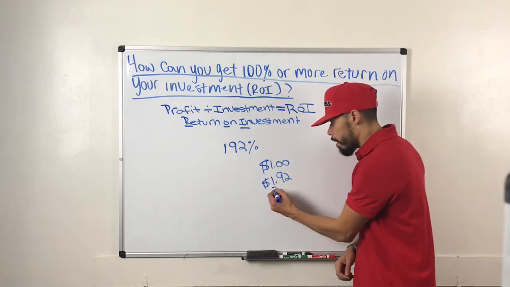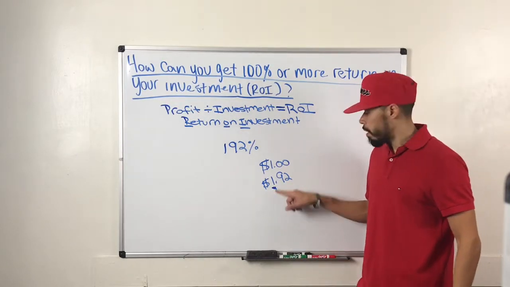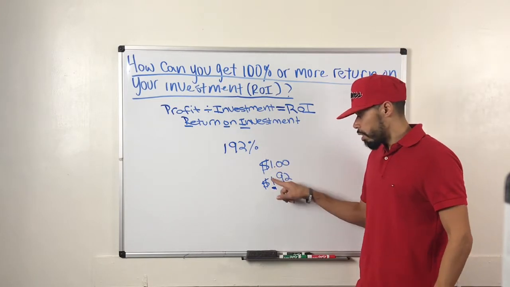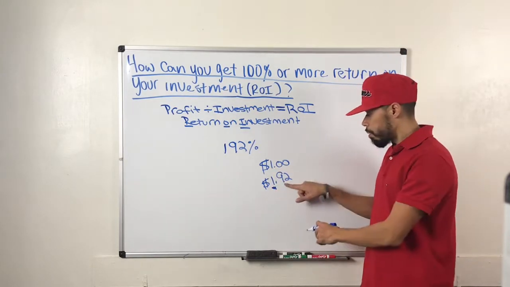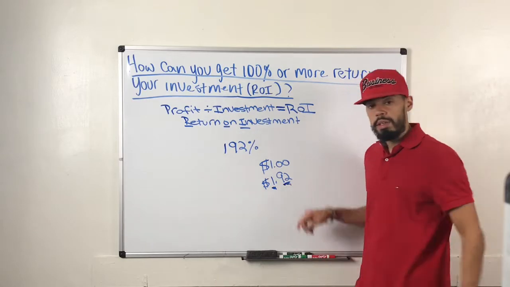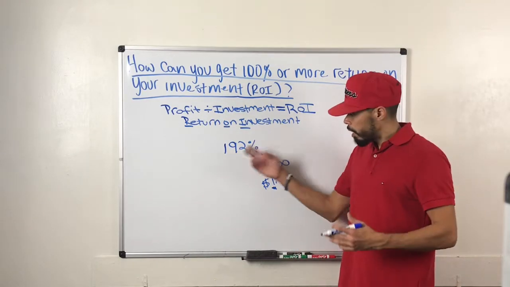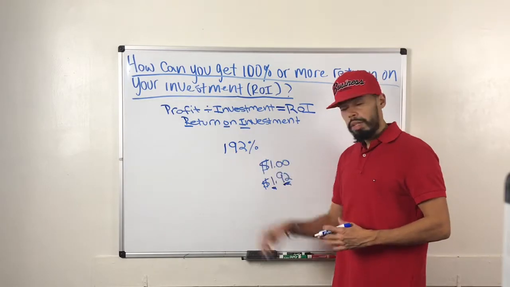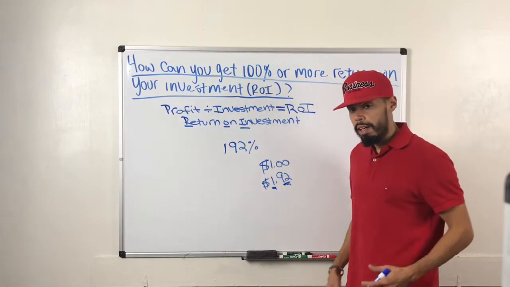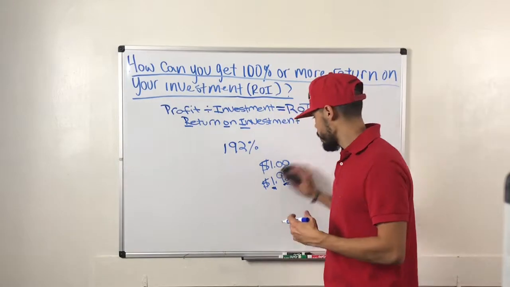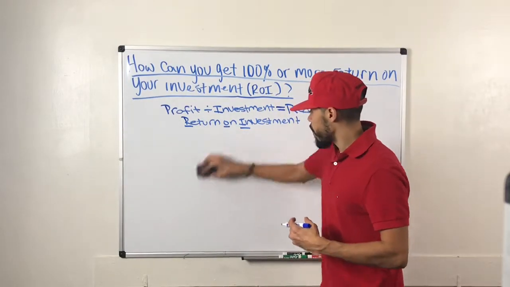So this dollar right here, this was our initial investment right here. That's the same dollar. So I got that dollar right back, plus another 92 cents profit off of that dollar. So we almost doubled up. We didn't hit 200%, but at 192%, I'll take that any day, all right? So now you guys got it, right?